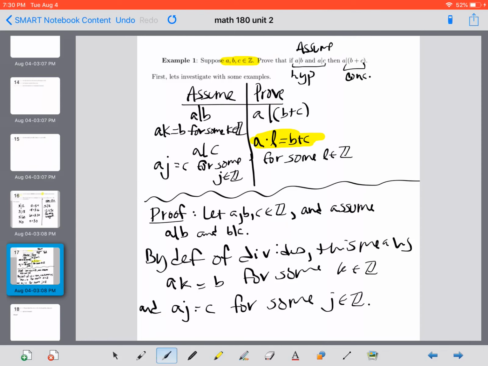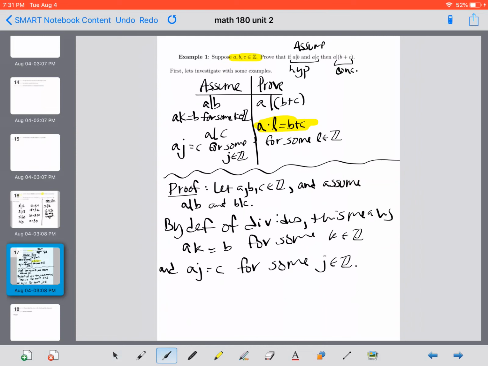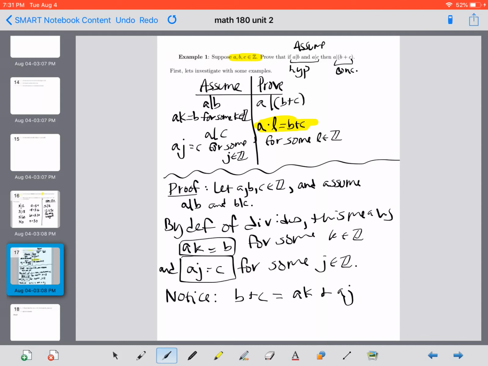So it would make sense then that we'll use those two statements that we just wrote, these statements here and here, to try to prove that B plus C can be expressed as a multiple of A. So notice that we can express B plus C then as AK plus AJ, just substituting B with AK and substituting C with AJ. Now, this is almost what we're trying to prove, except we want to show that B plus C can be expressed as A times a single integer.